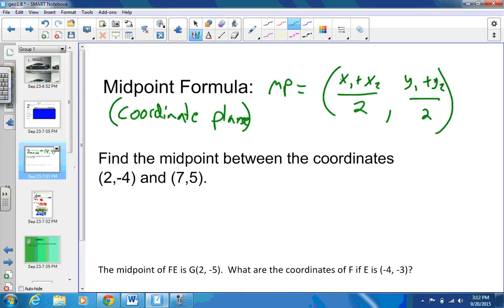Basically taking the two x values and finding the average of it. That's your midpoint x value. And the same thing with the y's, because it will be right between the two points. So you're finding the averages of the x's and the y's to get your new x and y.